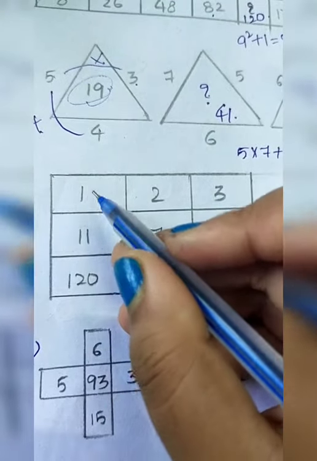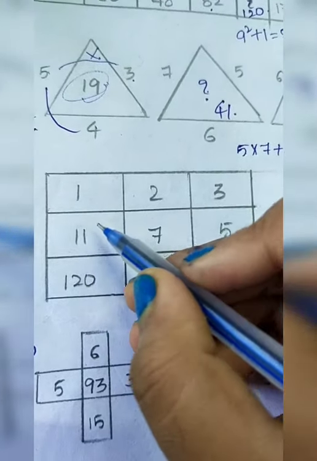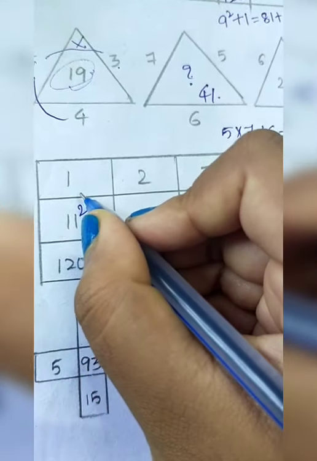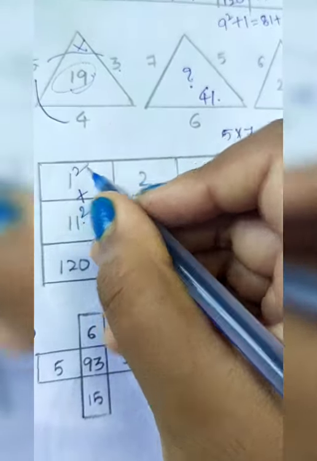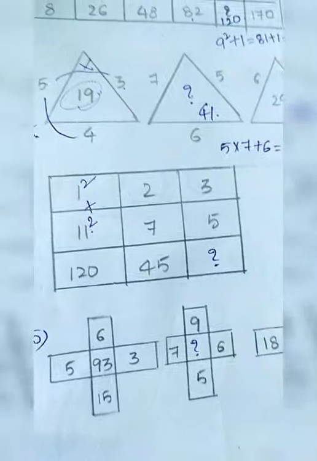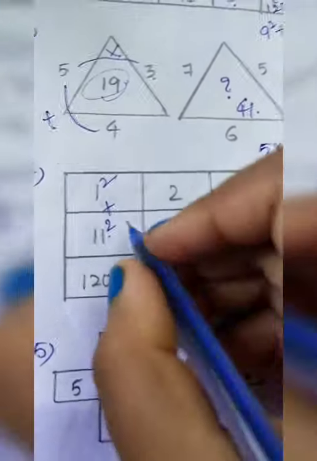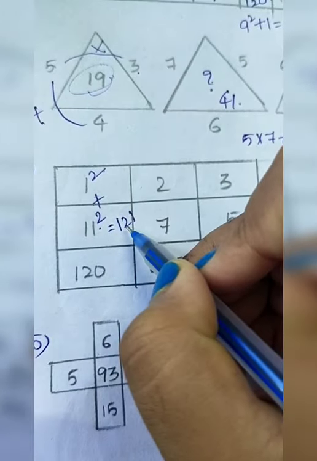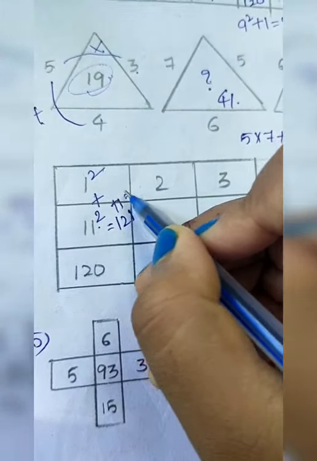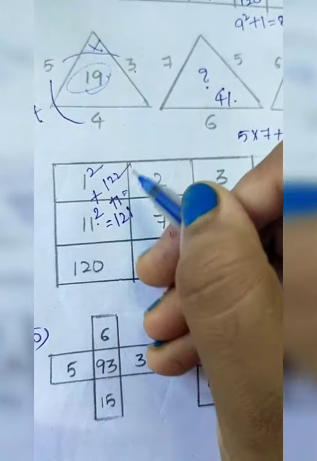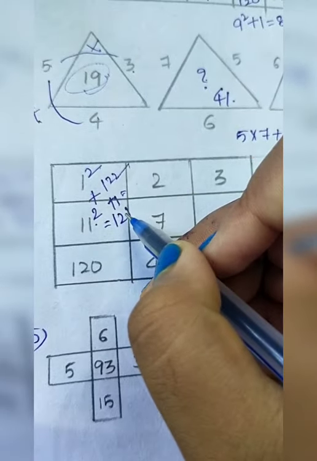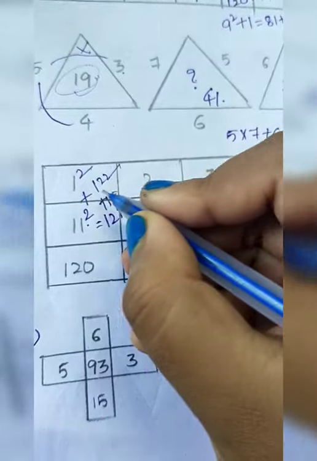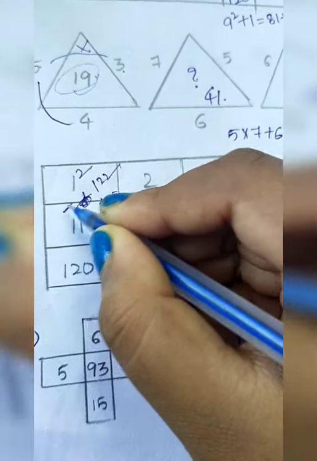First take the first column. 11, 1. 11 square plus 1 square. What is 11 square? 11 square is 121 plus 1 square. So 121 plus 1 is 122. But 121 minus 1, it is not plus, it is minus.